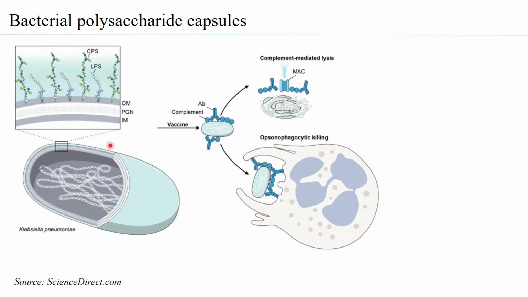Say for example in Klebsiella pneumoniae, on the surface is a capsule which has what is called the capsule polysaccharide. So you can see over here, these are the CPS, which is capsular polysaccharides, and these are basically molecules that can be antigenic, and they are recognized by the immune cells as antigenic.